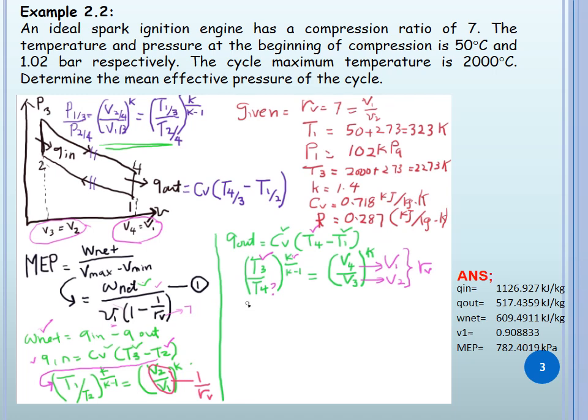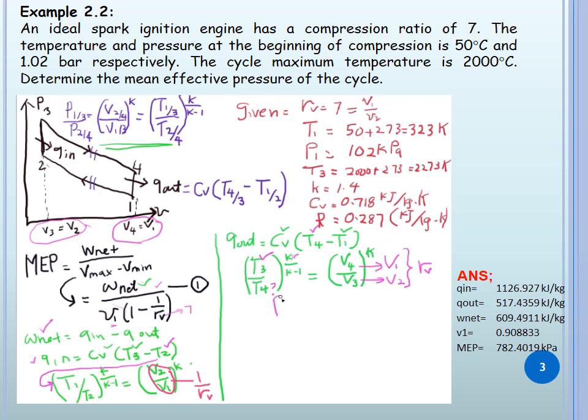We get the specific volume V1 from the ideal gas equation. That's why we have to make an assumption for the ideal Otto cycle: we use the air standard assumption. Remember? We assume that the working fluid is an ideal gas.